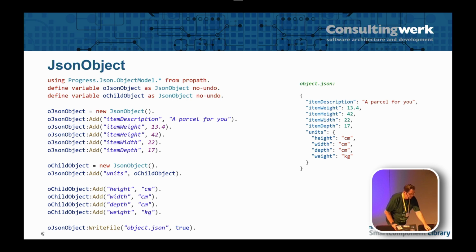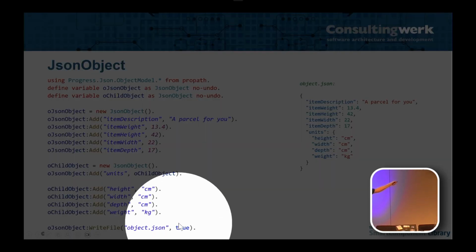Should be able to use this one. No? There. So I create another JSON object and I add that as a property units to the outer JSON object, and then something more to the child object, and then I write that to a file or some other data structure, and that's then the resulting JSON there.